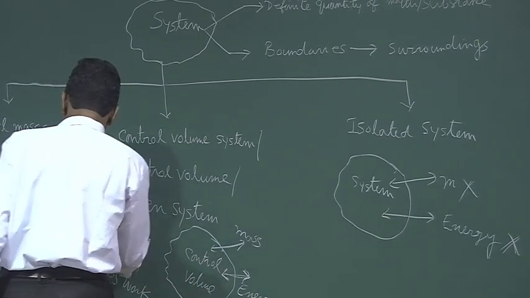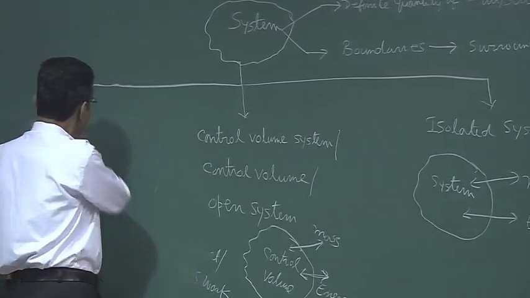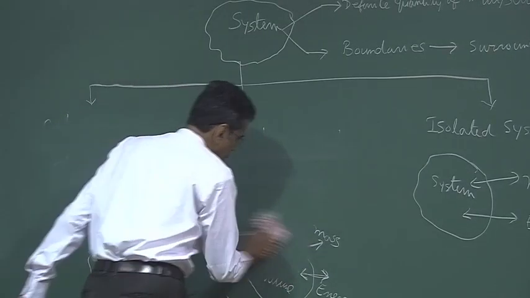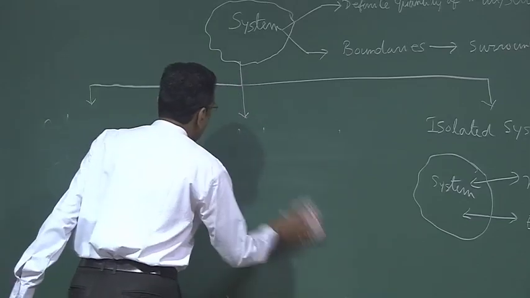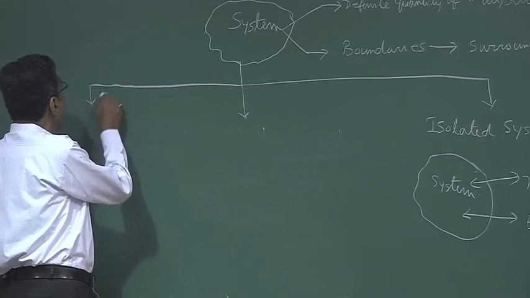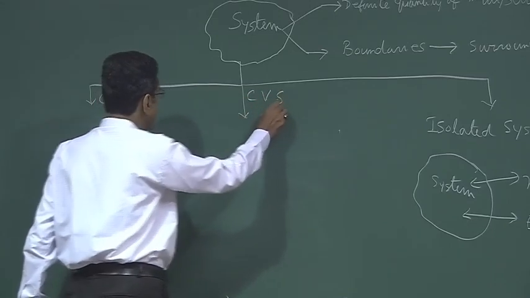Now I will give you examples of the two systems: the control mass system, which I write in short as CMS, and the control volume system.